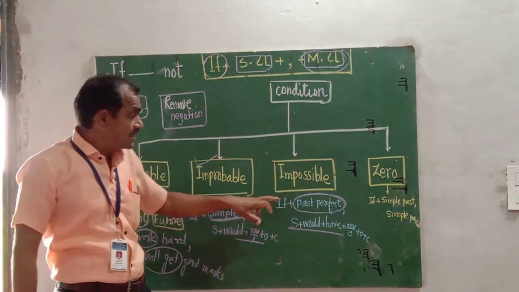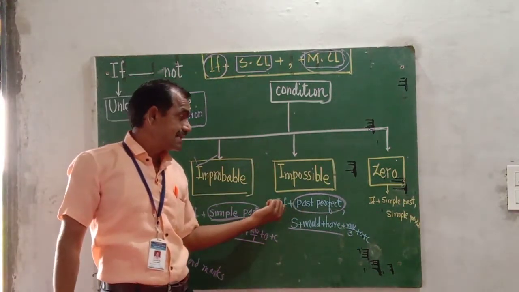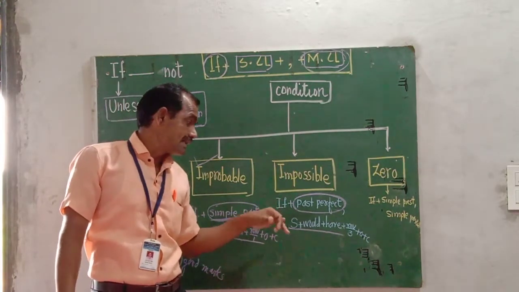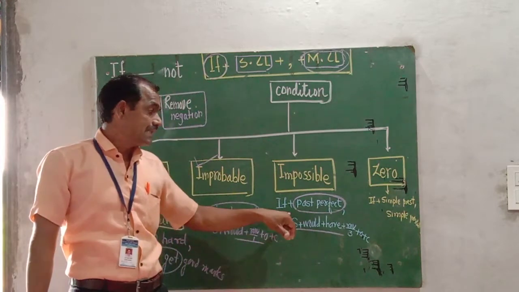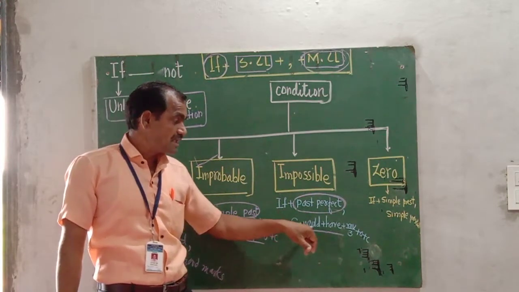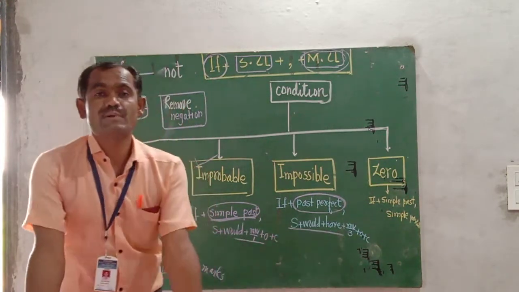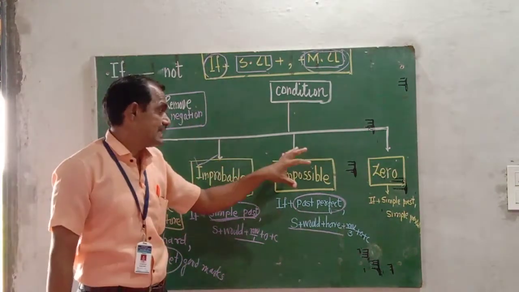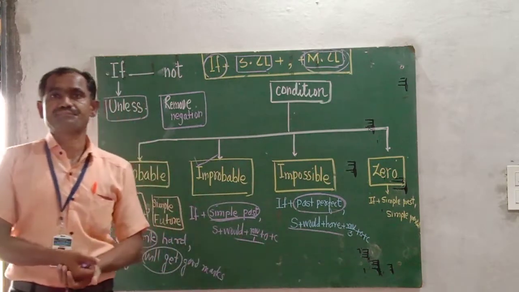You can observe the tense in the if sentence is past perfect, and the main clause has the structure of subject, would have and past participle. This condition is called the impossible condition.